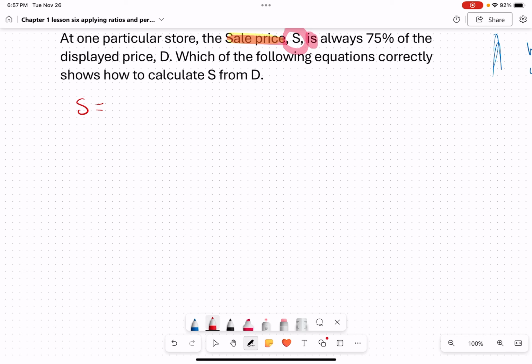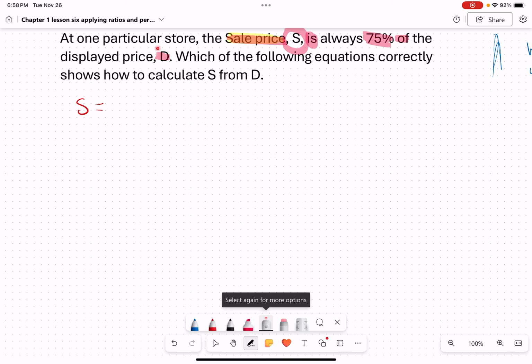It says that it's always 75% of, here's another keyword, the displayed price D. So we have three things we need to look at to finish writing the equation: the 75%, the word "of", and the displayed price D.